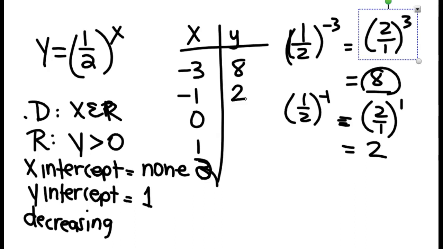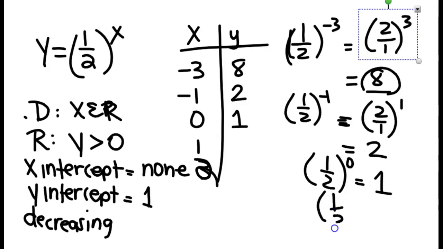Then 0. To the power of 0 always gives us an answer of 1 no matter what. And then if we had half to the power of 1, we would still just have a half. And if we had half to the power of 2, it would be a quarter.